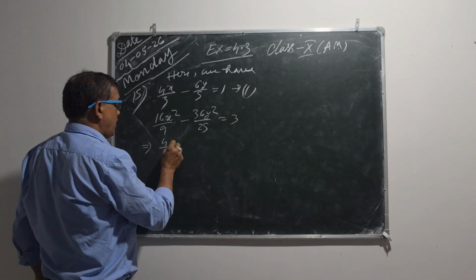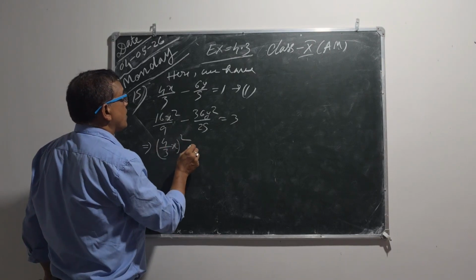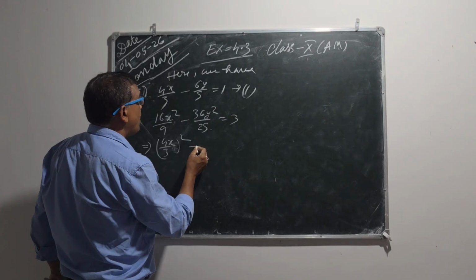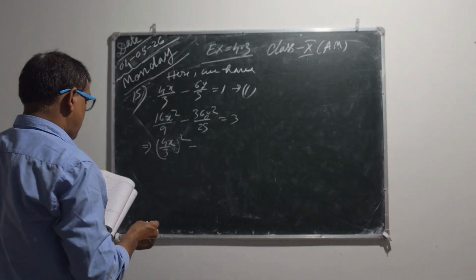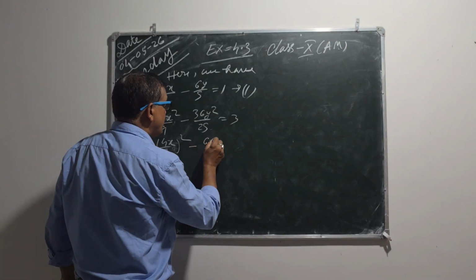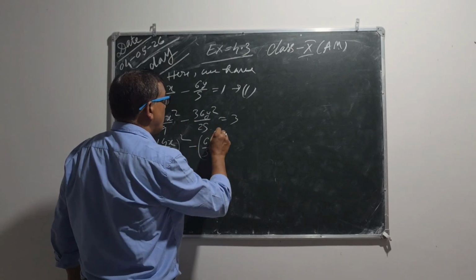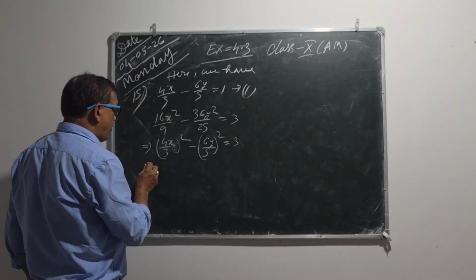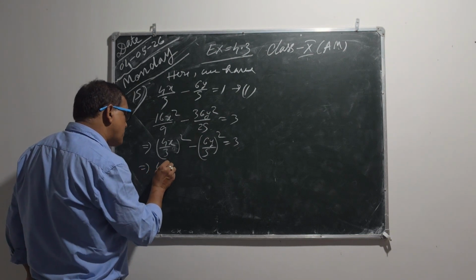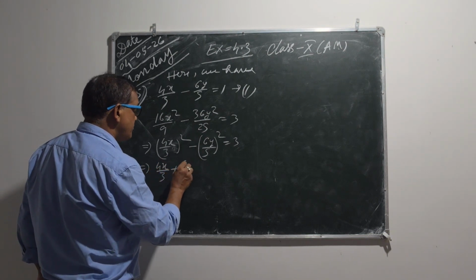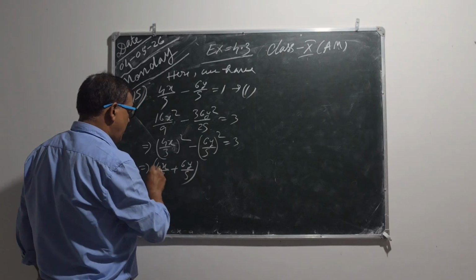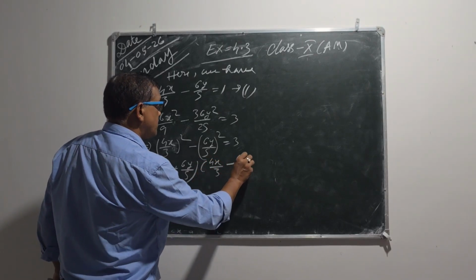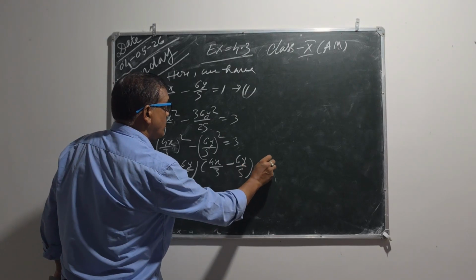4x by 3 whole square, and 36 with 6y by 5 whole square equal to 3. So it is in the form of the a square minus b square formula, so it will be a plus b into a minus b: 4x by 3 minus 6y by 5 into 3.